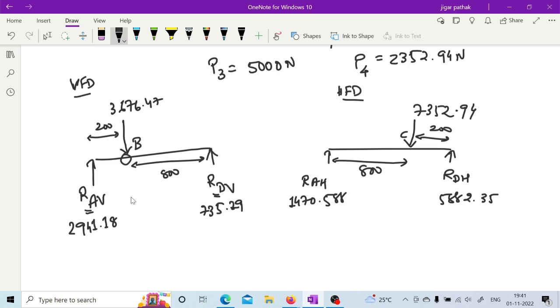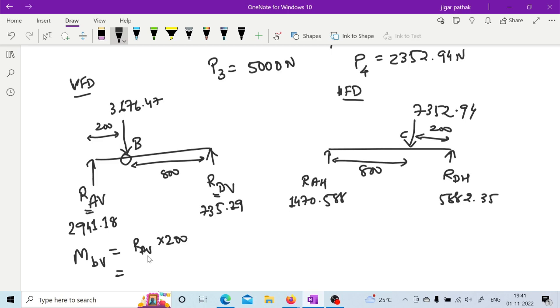This RAV into this distance will be the moment at B, vertical. Moment at B vertical will be this RAV into this 200.